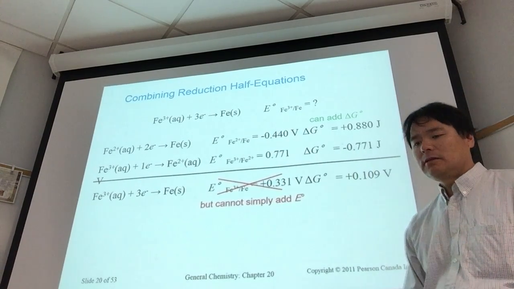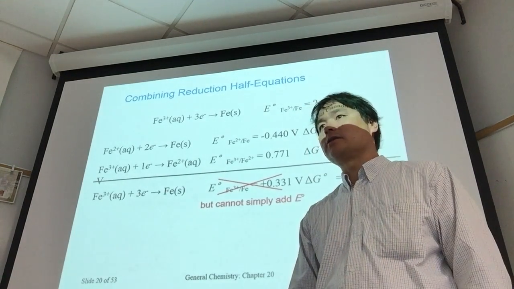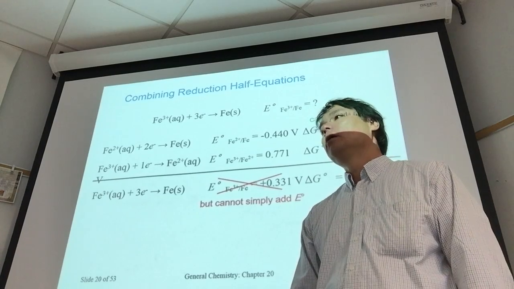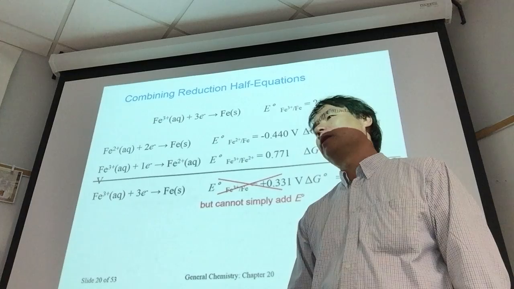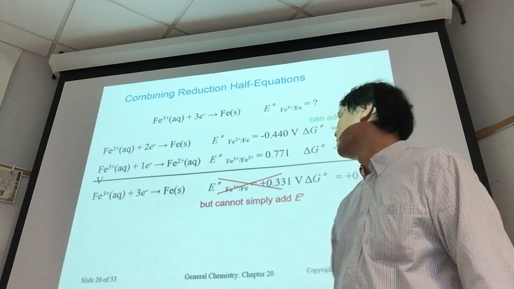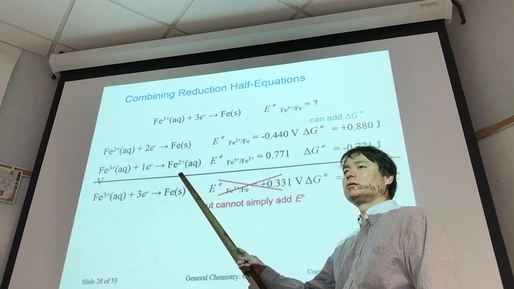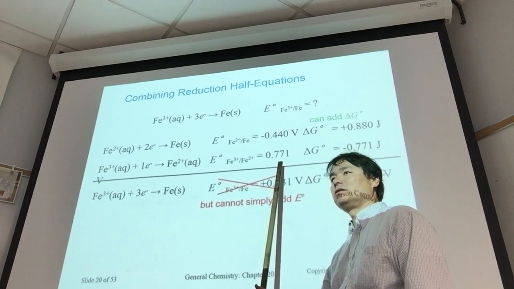Well, the cell potentials are also tricky in this sense. If I had 1 gallon of iron 2 plus, let's say, as a reducer, versus 2 gallons of iron 2 plus, does that double the voltage?